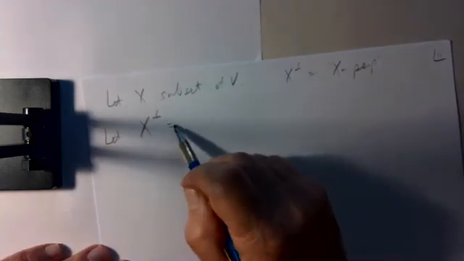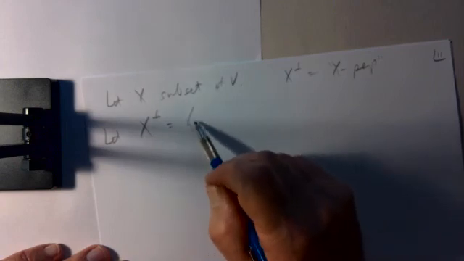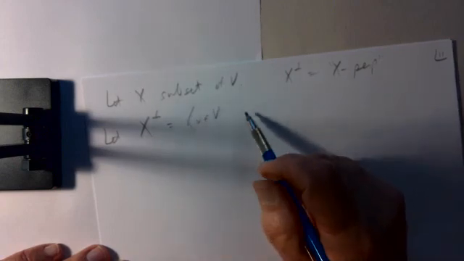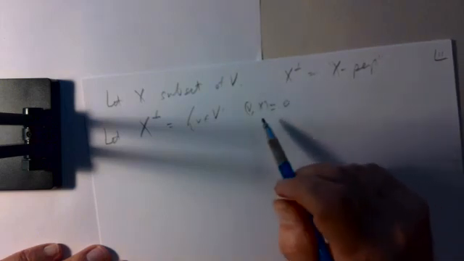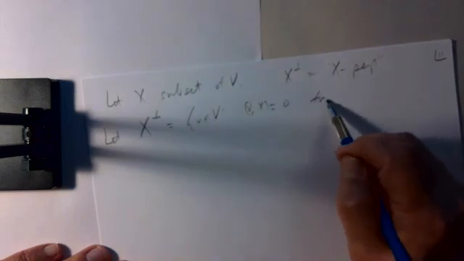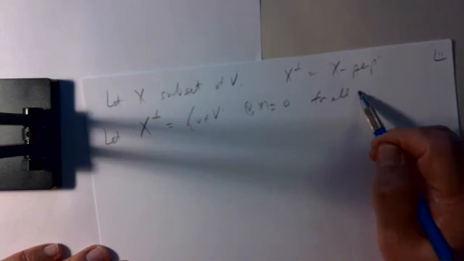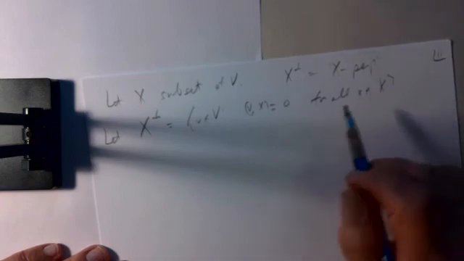So let X perp be all the vectors v in V with the property that v is perpendicular to x, the inner product of v with x is 0 for all x in the set X.